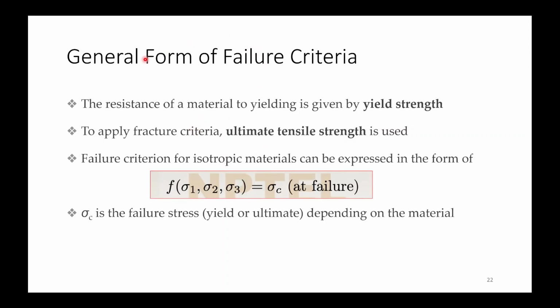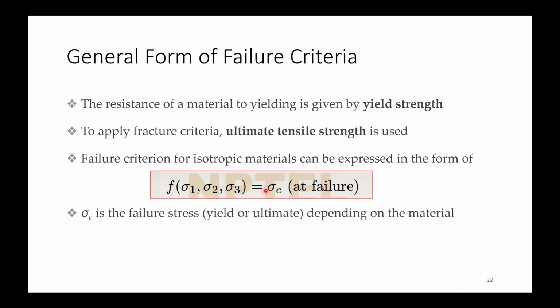Now, the general form of failure criteria. Here, the resistance of a material to yielding is given by yield strength. To apply fracture criteria, we use ultimate tensile strength in the case of ductile materials. The failure criteria for isotropic materials can be expressed in the form of F as a function of sigma 1, sigma 2 and sigma 3 equal to sigma c at failure.